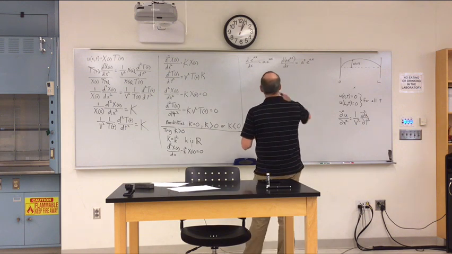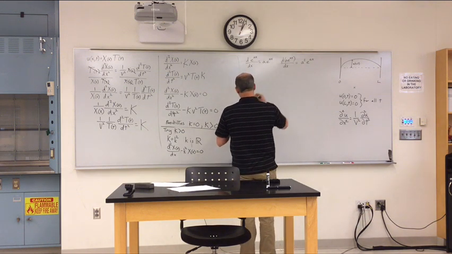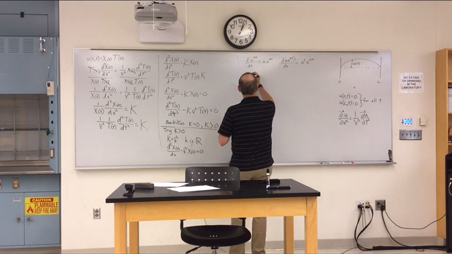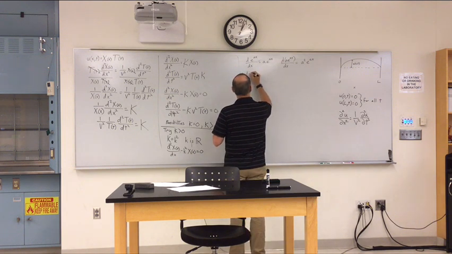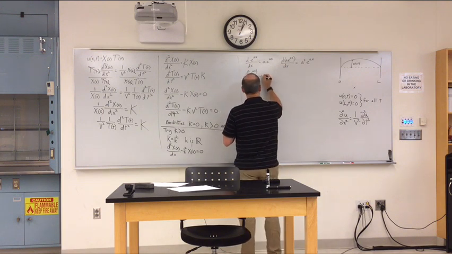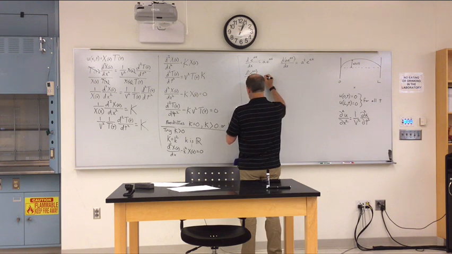Okay, so if we try this one out here, we get the second derivative of e to the ax, minus k squared e to the ax.